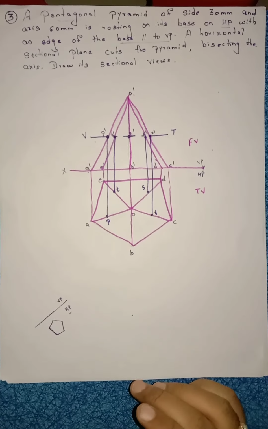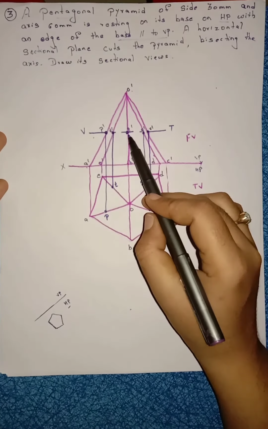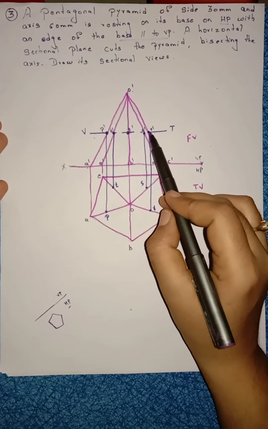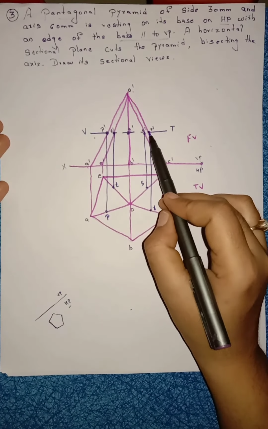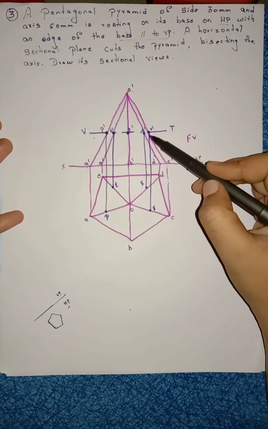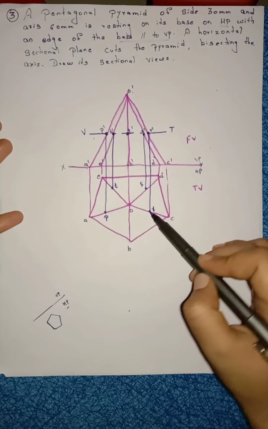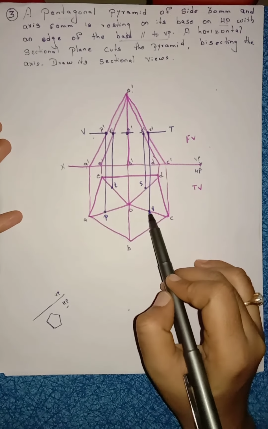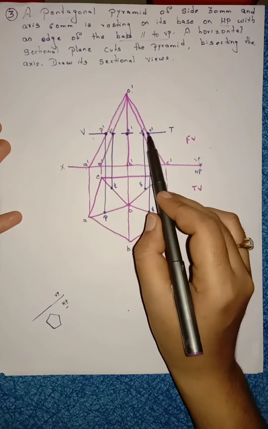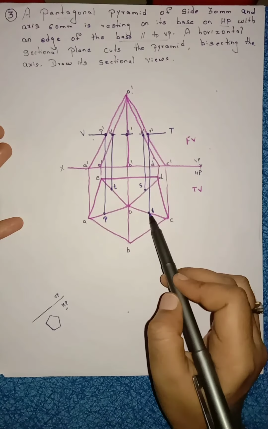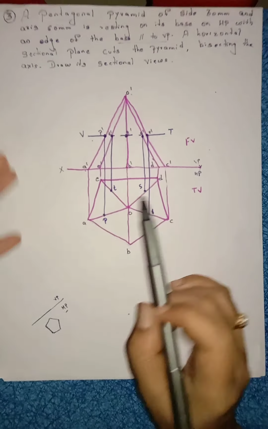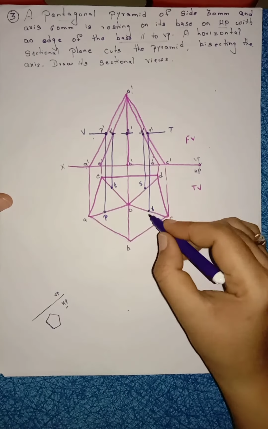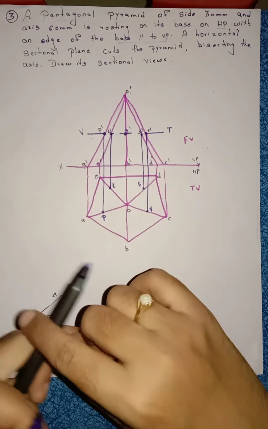Now, how to mark the Q point? Whatever is the point here, from that point you have to draw a straight line till this slant edge. From that, draw the vertical line till this line OC. Keep your compass here with O as center, OR as radius, and draw an arc.